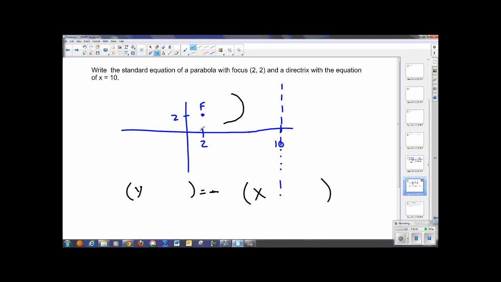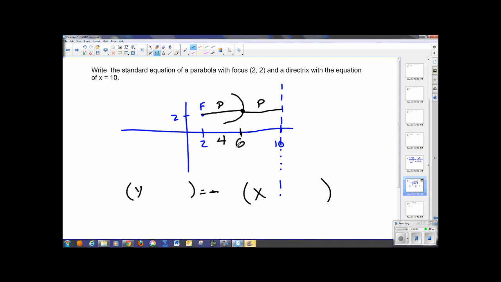So in this case, I now have p distance to my vertex and p distance from my vertex to my directrix. So that means the vertex has got to be dead center between 10 and 2. I've got a total of 8 here, so that puts me 4 away.